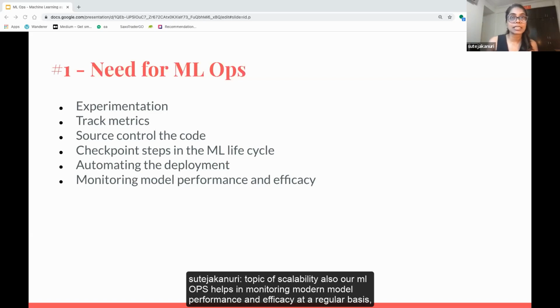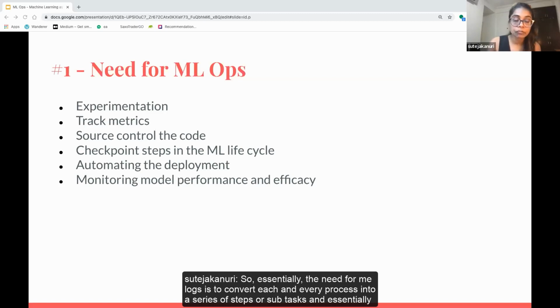And if something is amiss, the model has degraded or data has degraded, the entire process can be repeated. So essentially, the need for MLOps is to convert each and every process into a series of steps or subtasks, and keep a set of triggers which warrant a change to maintain reliability and consistency.